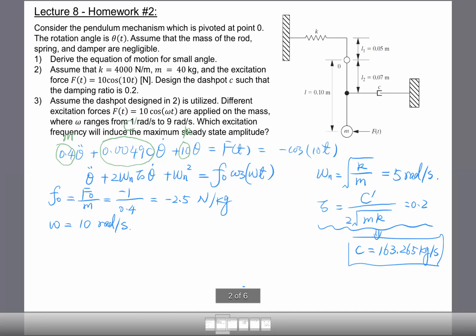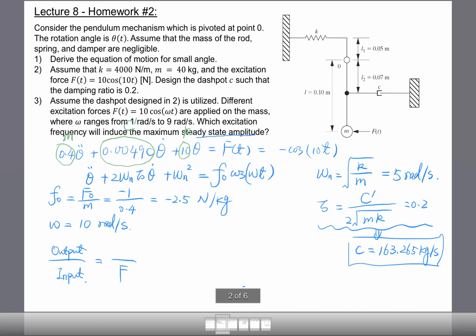Let's read part 3. Usually when we talk about steady state amplitude, that means we need a transfer function. If we need a transfer function, we need to find what the output is and what the input is. In this case, the input is easy: the force applied to the system.